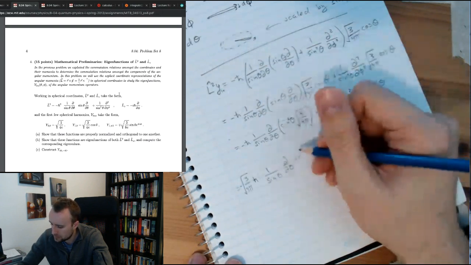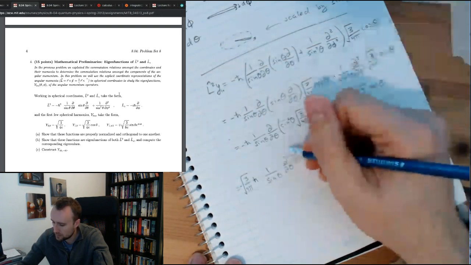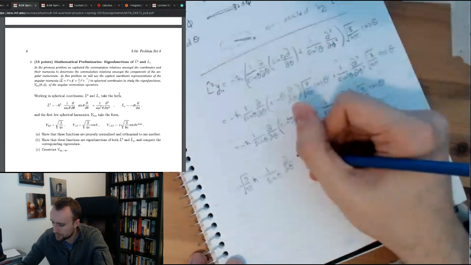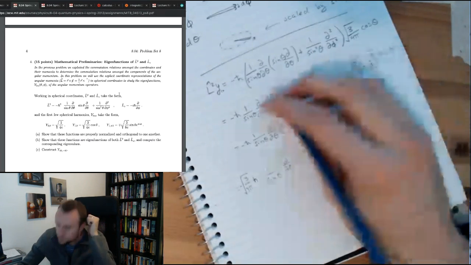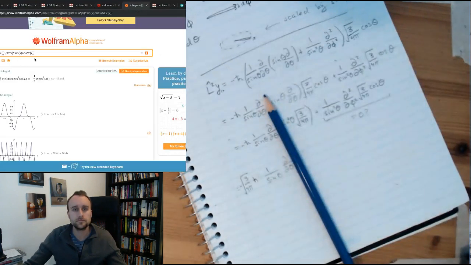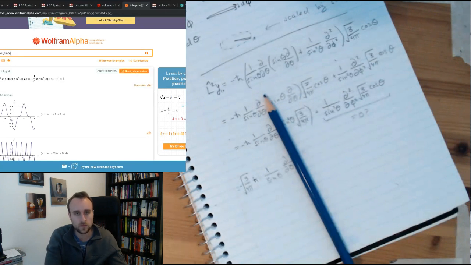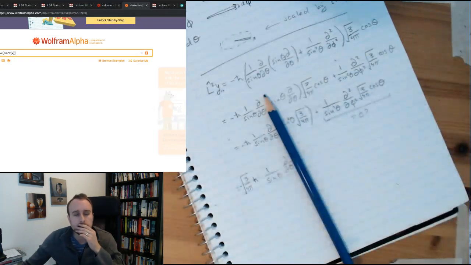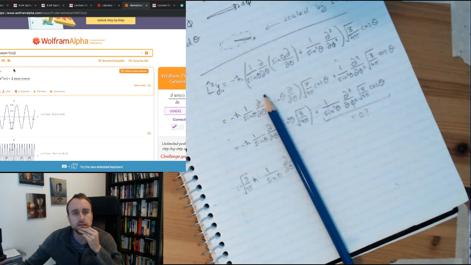We've got sine theta squared. That's going to be what? Sine x sine x. 2 sine x cosine x.